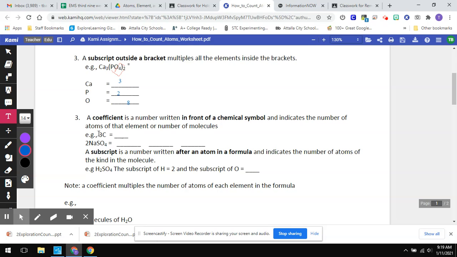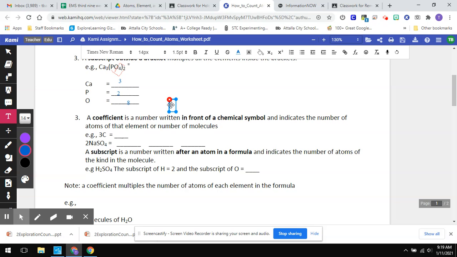But what happens when you put a coefficient is, with a coefficient, you're always going to go coefficient multiplied by subscripts.